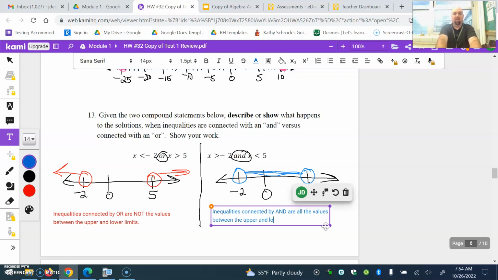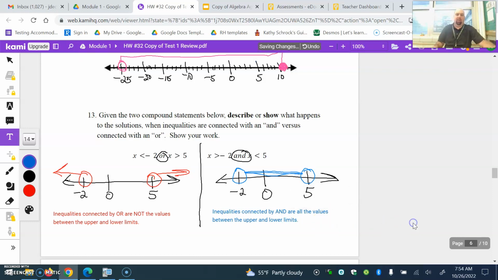Upper and lower limits. So that's the negative 2 and the 5. All right, that's it. That's how you could explain it. If you just say arrows go towards each other or arrows go away from each other, that's not exactly it. So you'd have to be a little bit more specific with your explanation.